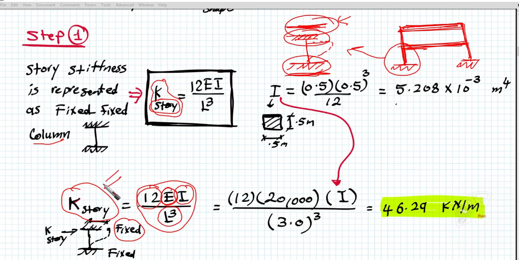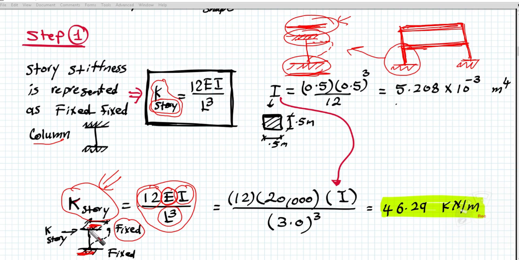Again, what is the meaning of the story shear? It is the story shear stiffness, meaning how much force is going to be developed at the top of the column or bottom of the column. Shear. It is not flexure or shear. I'm talking about shear.